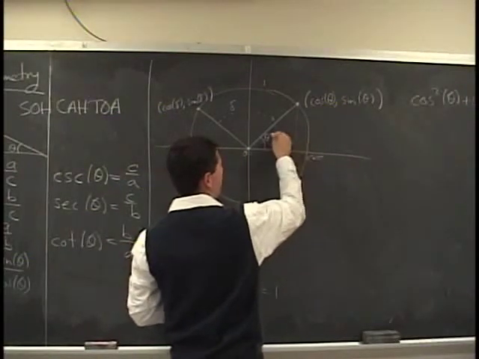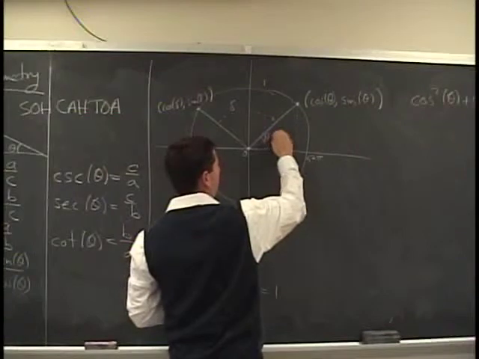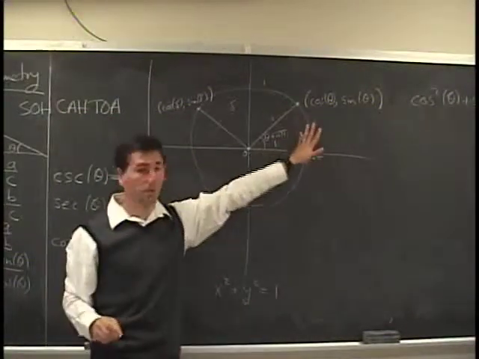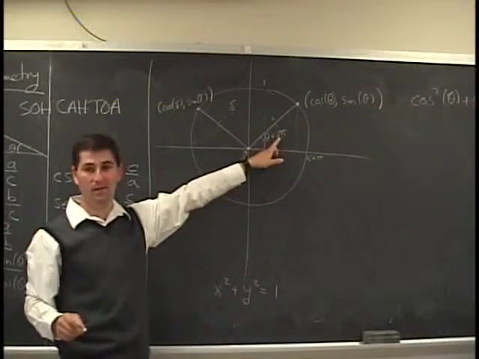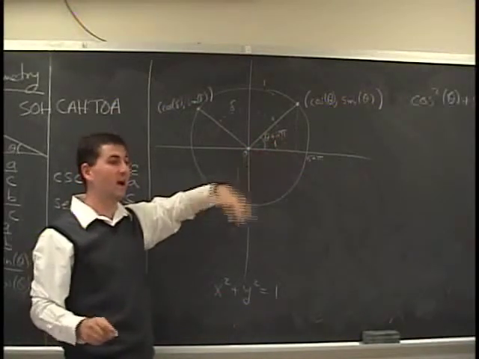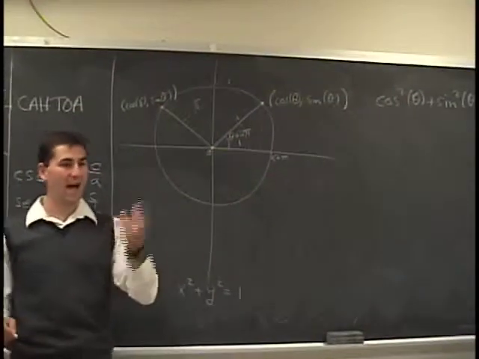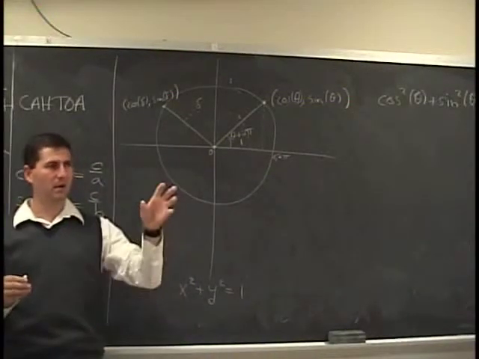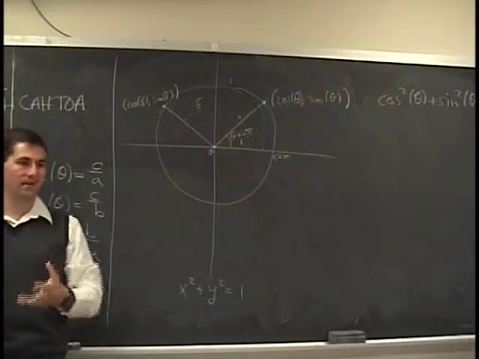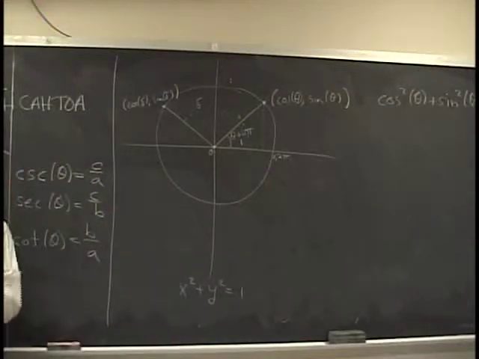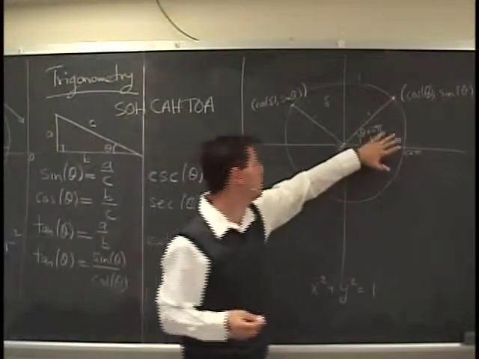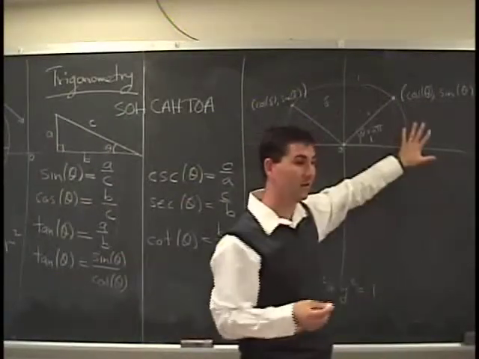This angle is going to look the same from the sine and cosine point of view as if I added 2 pi to it. So the sine and the cosine, they don't care if you add 2 pi. So if you start with sine of 5 pi, you say, okay, subtract 2 pi, I get sine of 3 pi. It's the same thing. Now subtract 2 more pi, I get sine of pi. It's the same thing. So you only have to know what happens the first time around, and then you get it for everything else.